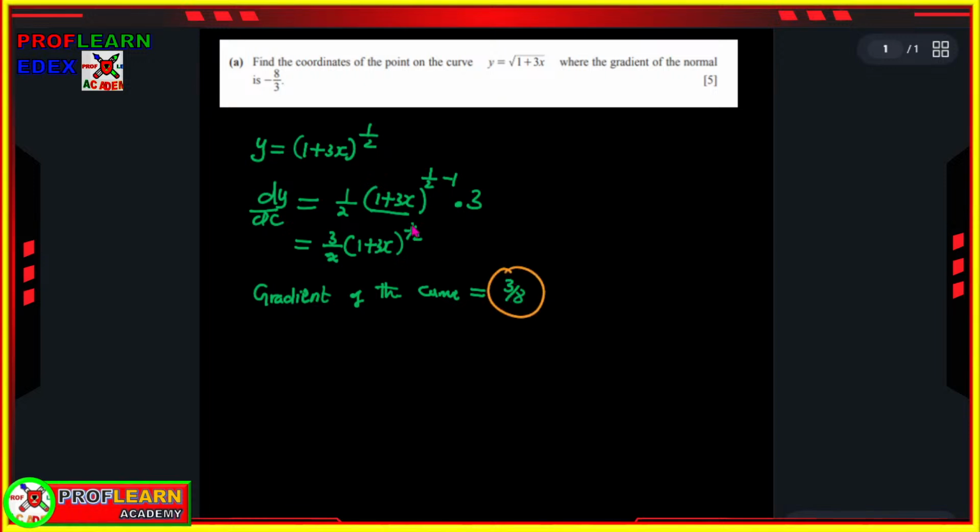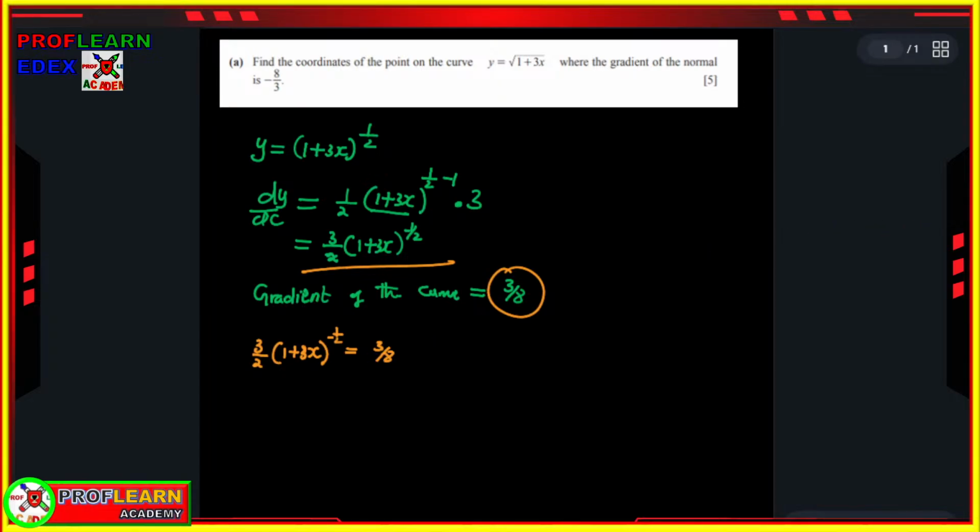So taking this equation, we shall equate it to this part, and that is going to be 3 over 2 into bracket (1 plus 3x) raised to power negative 1 over 2 is equal to 3 over 8.